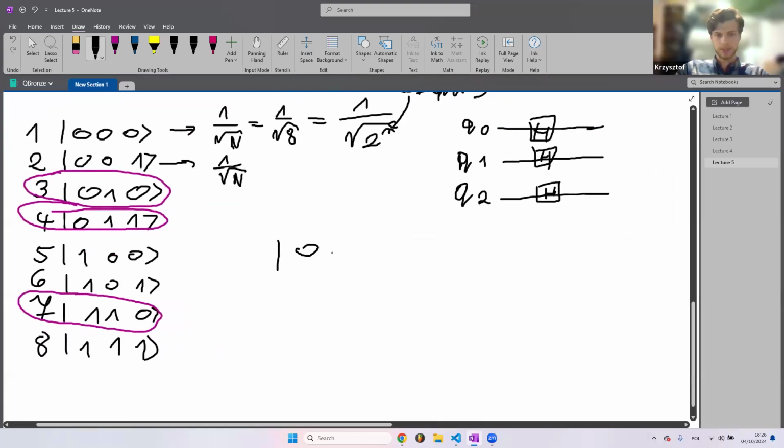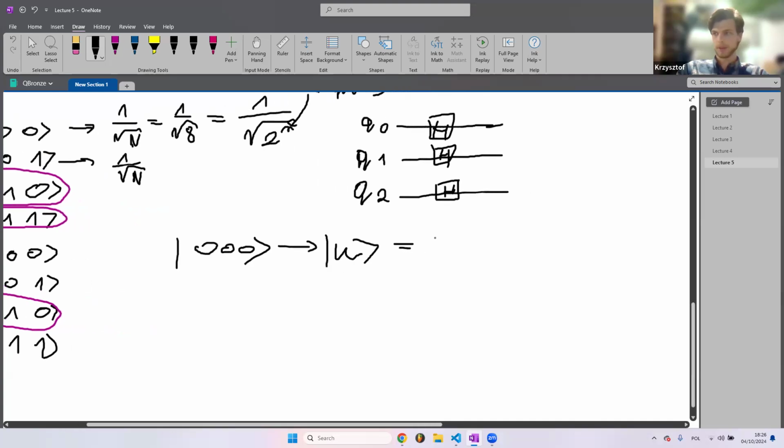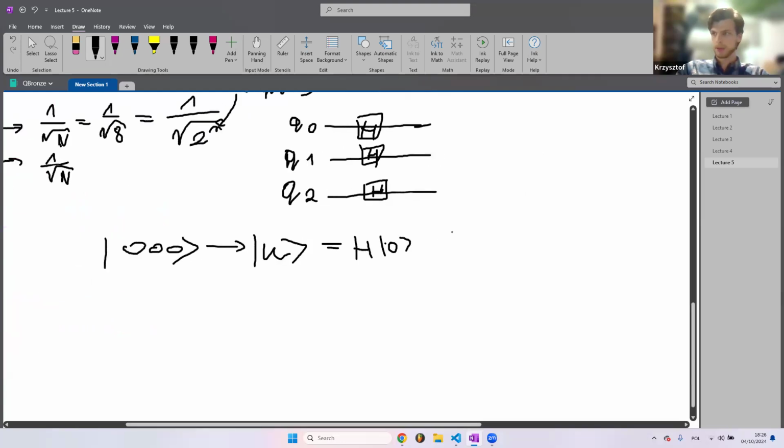So we start with state 0, 0, 0. And after applying the Hadamard gate to each qubit, we get a vector u, which is equal to Hadamard of 0, tensor product Hadamard of 0, tensor product Hadamard applied to 0.